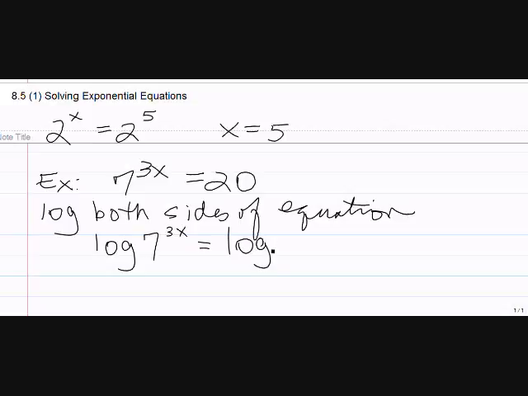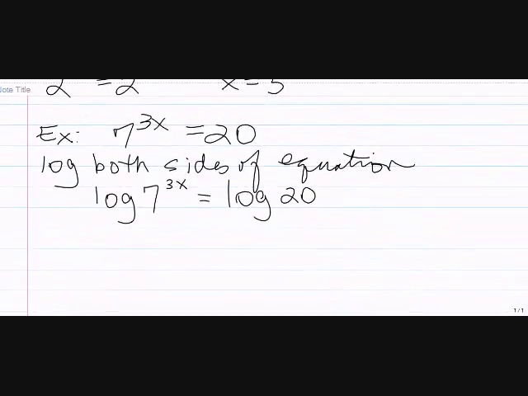As simple as that. Why do I do that? Because one of my properties of logs says that if I've got a number to an exponent, I can bring that exponent outside the log, and that's what's going to help me isolate this x.